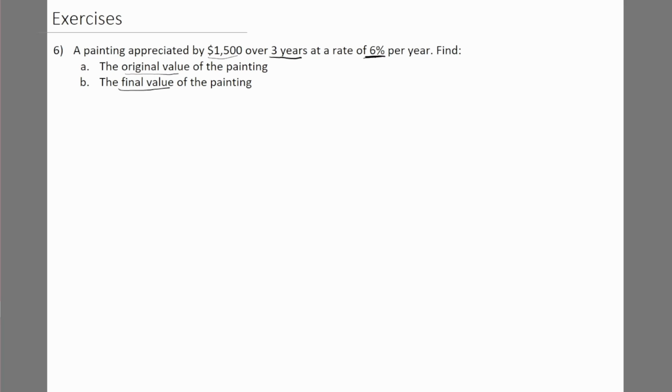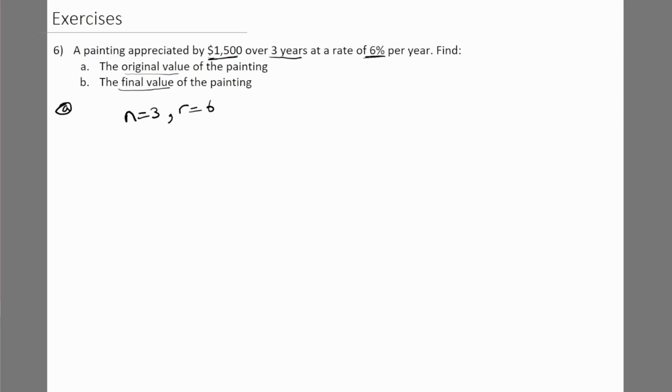Okay, so now what do we know? We know that n is equal to 3. This is us solving for part A right now. So n is equal to 3 and r is equal to 6. Now, we don't know the original or the final value, but we do know that the painting appreciated by 1,500.